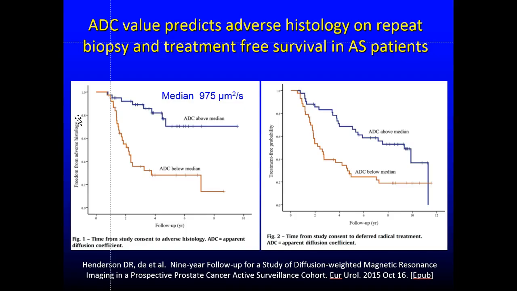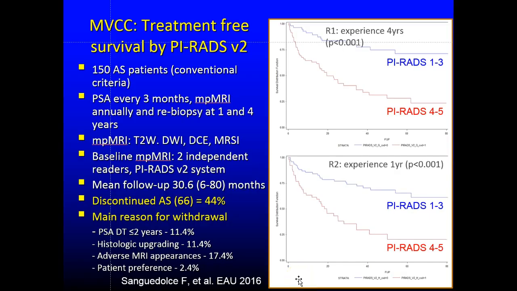Essentially what this shows is that if your ADC value is less than 1,000, then you do worse than if your ADC is above 1,000 in terms of the instigation of treatment. If you had an ADC less than 1,000, your median time to treatment would be about 2 years. If you had an ADC greater than 1,000, then your median time to treatment would be about 8 years. Very interesting data. Our data is somewhat similar.